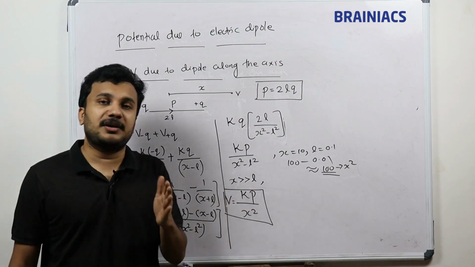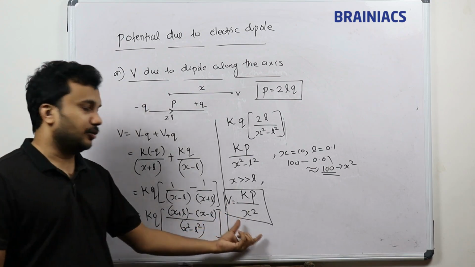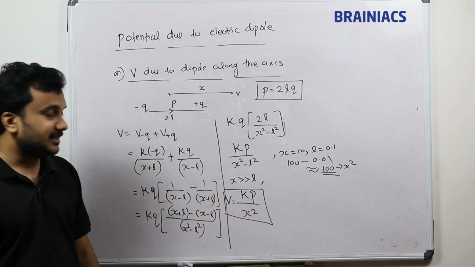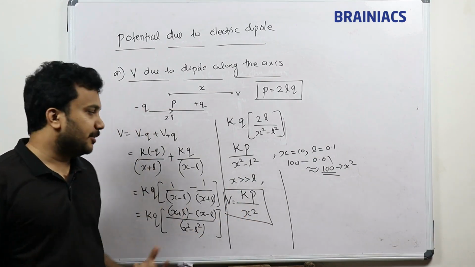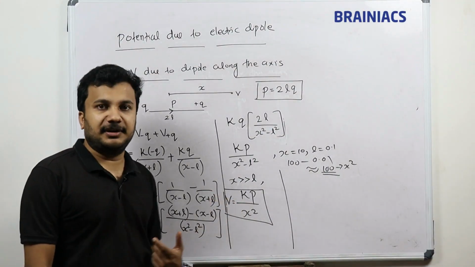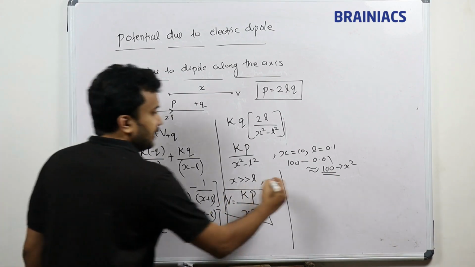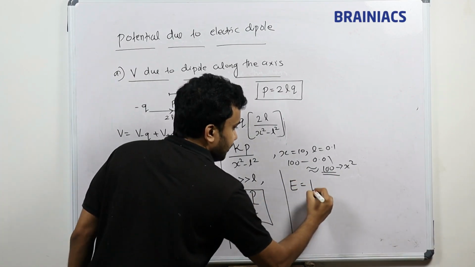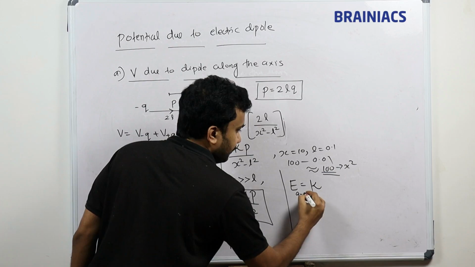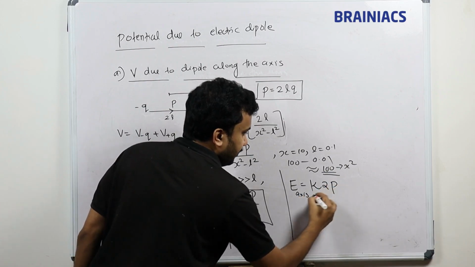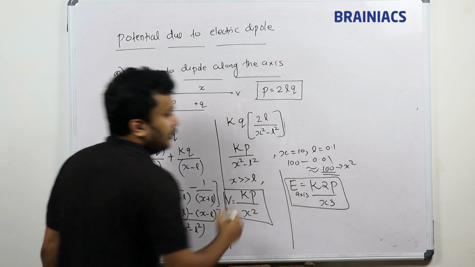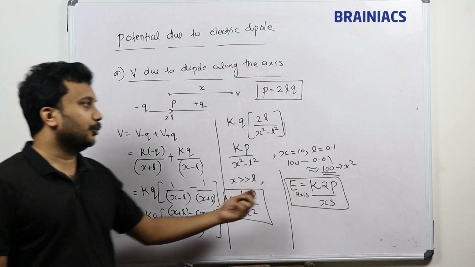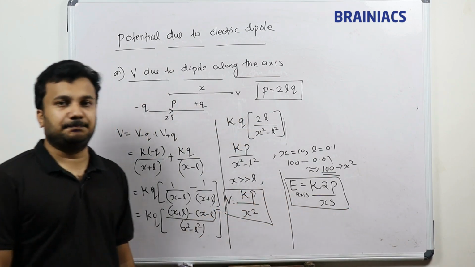Potential has no direction. Potential is a scalar quantity. So kp divided by x square. In this context, let's just remember what we learned for electric field intensity. The electric field intensity along the axial position is equal to k into 2p divided by x cube. We already derived this formula, but I have written it here for you to recollect.